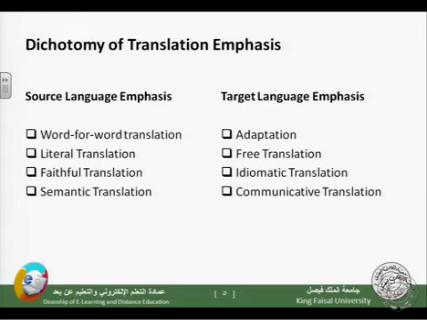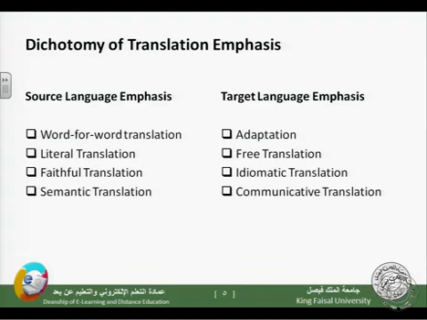But if another translator says, no, I would like really to give focus to the translated text because we would like to inform English-speaking people, whether they are Chinese, Russian, whoever, those who can understand English, we would like to give them more focus. In this case, you say, okay, target language emphasis. Now, you can see the split.